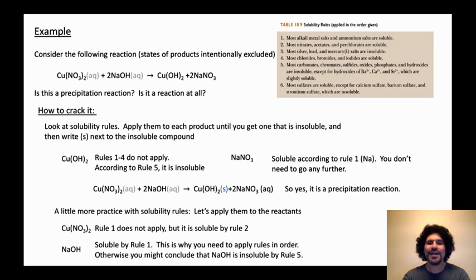Sodium hydroxide is soluble by rule 1. Alkali metal, sodium. Anytime you see sodium, it's always, always, always going to be soluble. So this is why you need to apply the rules in order. Otherwise, you may get down to rule 5, look at that first, and conclude that sodium hydroxide is insoluble. But you have probably already in lab used an aqueous solution of sodium hydroxide. It most certainly is soluble.